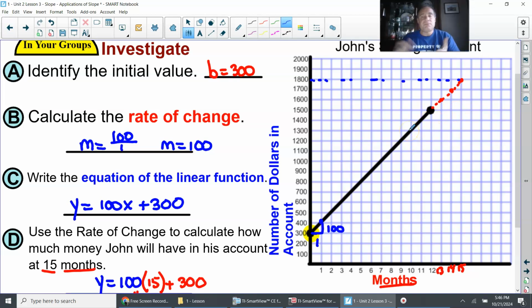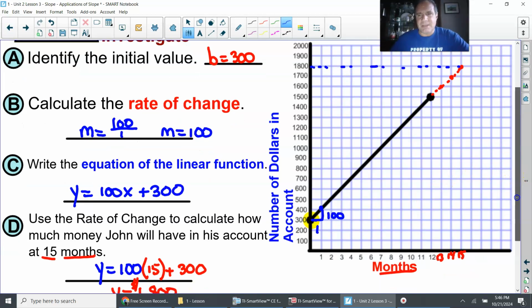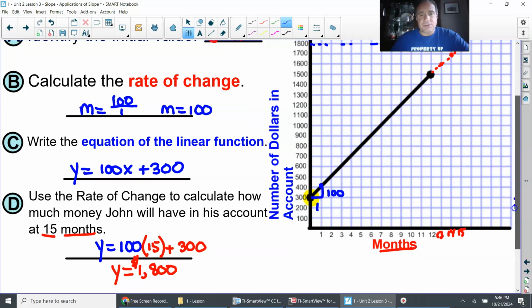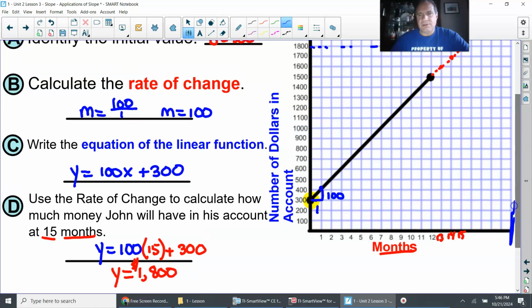The problem is when they ask you for a number off the graph, again, you have to use that equation, and I think the easiest way is to actually substitute for the x and then get the y in return.